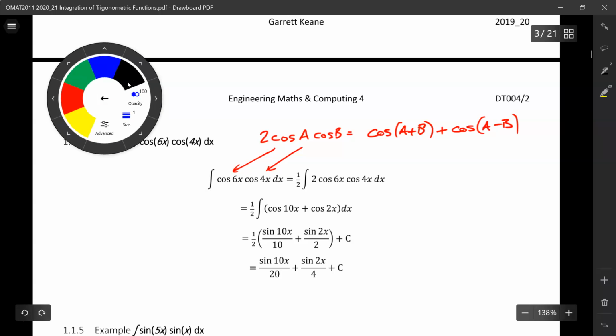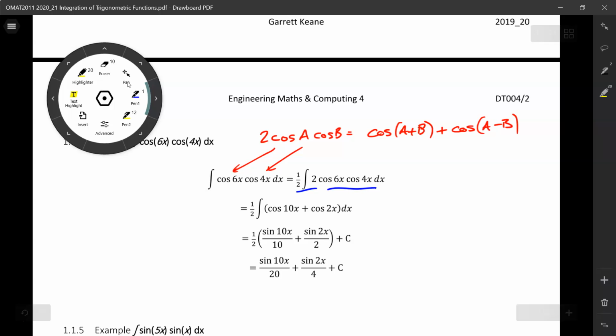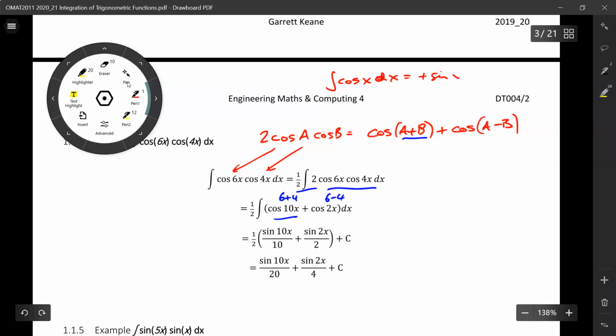So once again, I write it with the half and the 2 here, so we have it in this format. And then it's basically the cosine of A plus B, so 6 plus 4. And this one is 6 minus 4. And the integral of cosine x dx is plus sine x plus constant of integration.